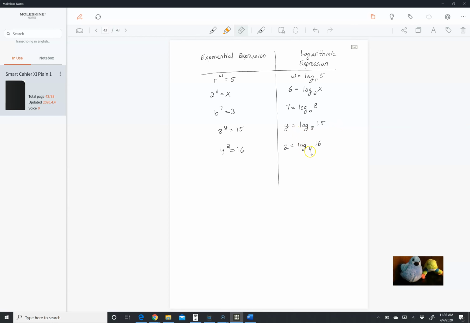The log is saying, what power do we raise the base to in order to get the argument? We raise 4 to the second power, and that gives us the 16.